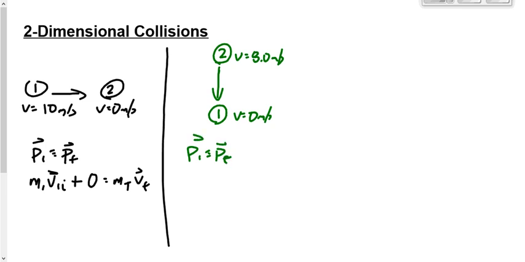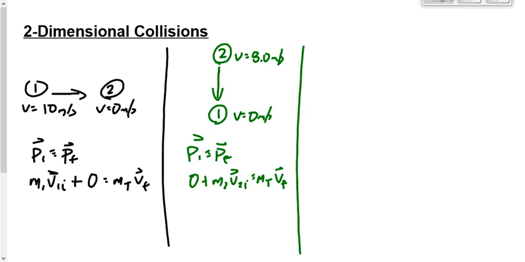This time we'd say 0 plus m2 v2i equals mass total times vf. Another column 1 type question where it's doable by everybody. We all make mistakes, but we all have a fighting chance, at least, at a question like that.